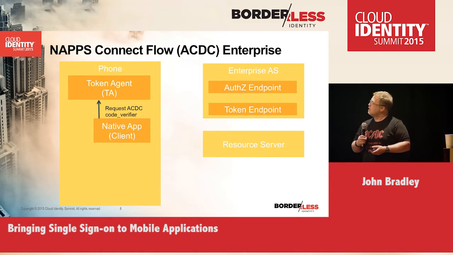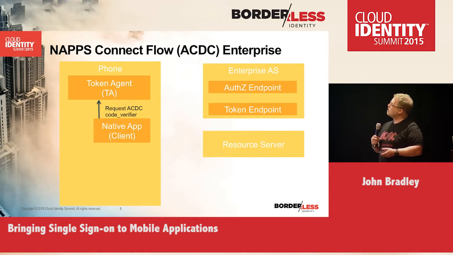So there's some modularity to these specs. PKCE, which protects the code, is sort of an independent spec. You can use that on its own, and lots of people do. ACDC sort of builds another layer on top of that, and NAPS provides sort of the overall wrapper for it. So people may well end up using different components of this.